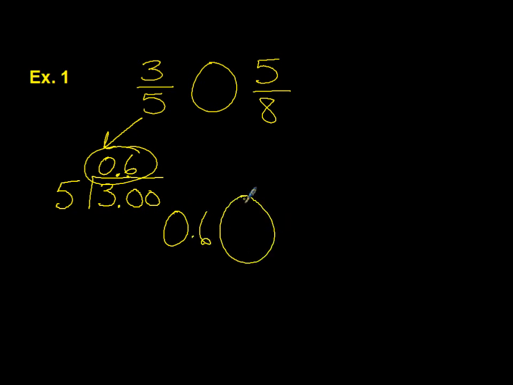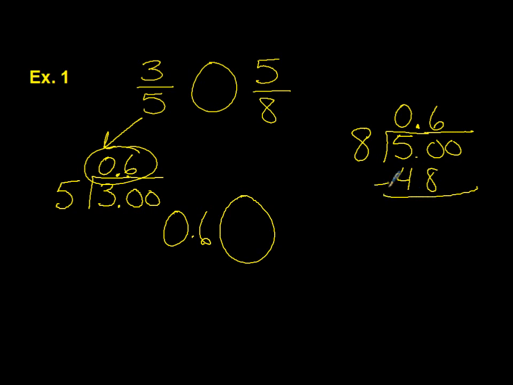And on the right side we have 5 divided by 8. 8 goes into 5 0 times. 8 goes into 50 6 times. Bring down a 0.